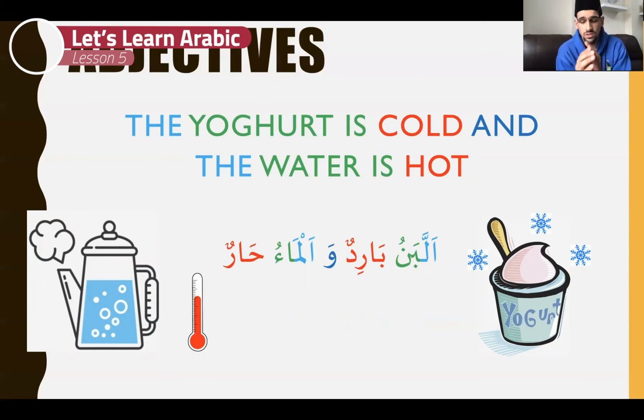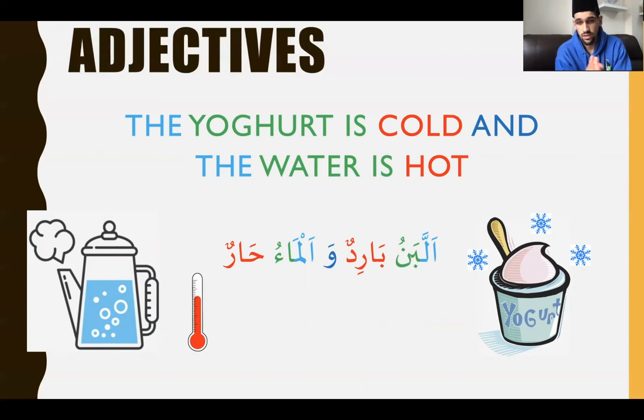So here you notice with the first word, al-labanu, the word for yogurt already is labanun. So a yogurt or yogurt. But when you have alif lam, which means the, and another lam comes, as you can see here, there's a shadda on the lam. So we don't need to write the letter lam twice. It just becomes one with the shadda, because as you know, when the shadda comes, it means that letter has come twice. And there's so many examples of that.